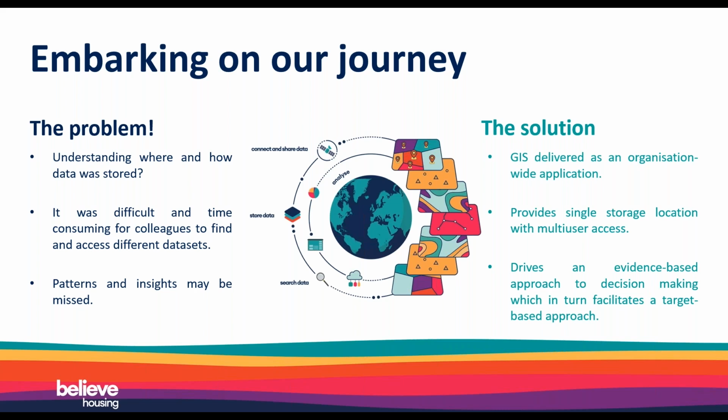By having the ability to combine and analyse both internal and external data and make it visually accessible to colleagues, we knew that it would help drive an evidence-based approach to decision making, which in turn would facilitate a targeted approach. So basically, if we can see what's happening and where it's happening, we can put in place the appropriate actions and solutions.